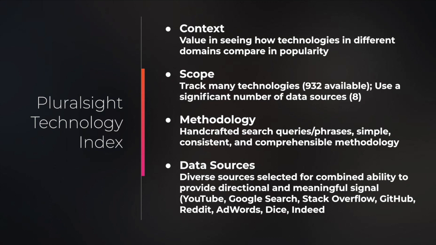Stack Overflow and GitHub are biased towards software development, but Reddit, AdWords, Dice, Indeed, YouTube, and Google Search are not. Hopefully, using the crowd approach and taking the median of the signal from each of those data sources, it gives us a pretty directional read, so far at least, on how popular a technology is and how much engagement is around it.